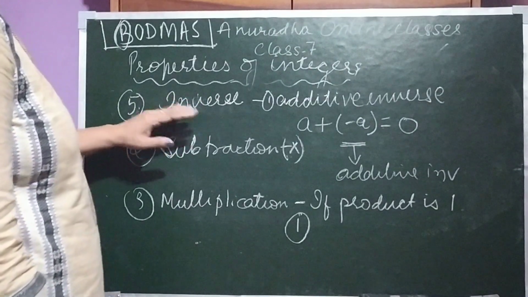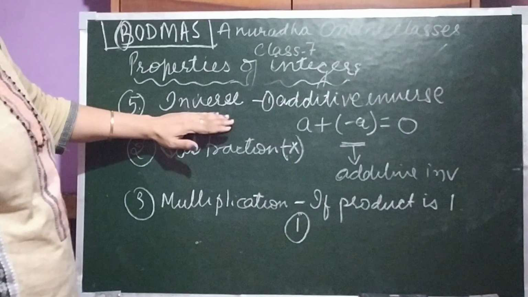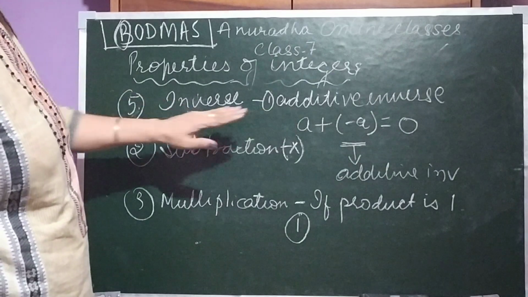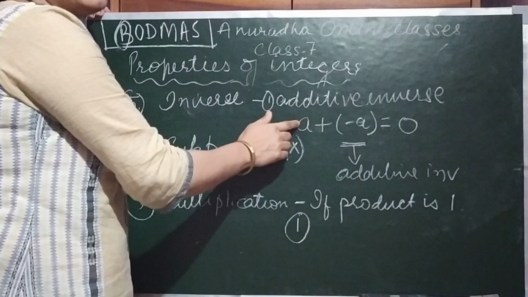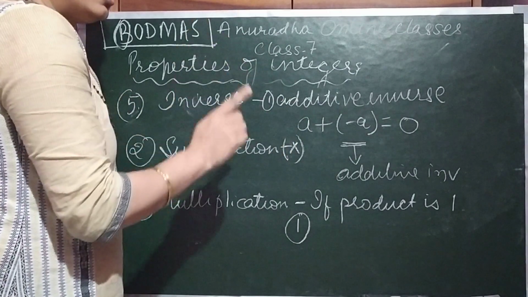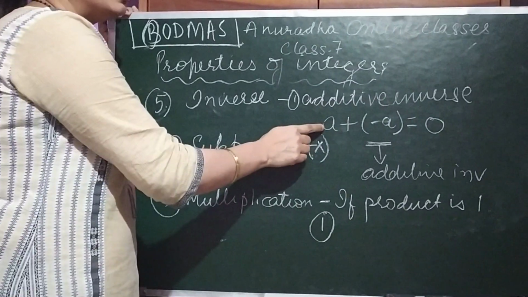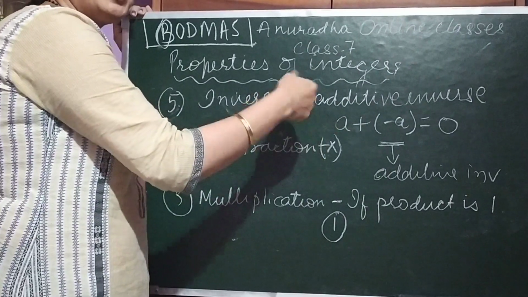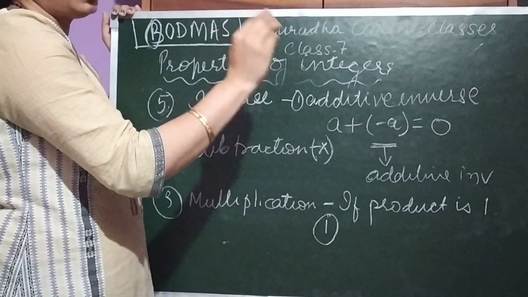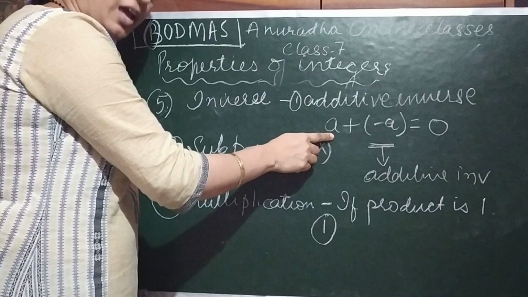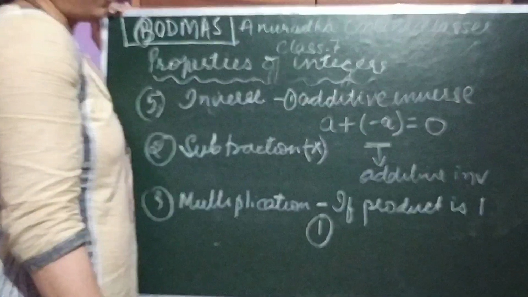So children, the fifth property of integers is inverse. Inverse with addition, so that will become additive inverse. For additive inverse, we must have the integer added with its negative integer. Means, if we have taken a plus minus a, then we will get 0.